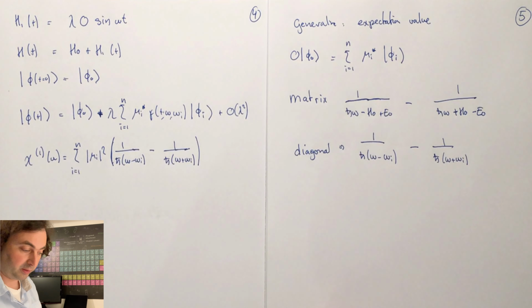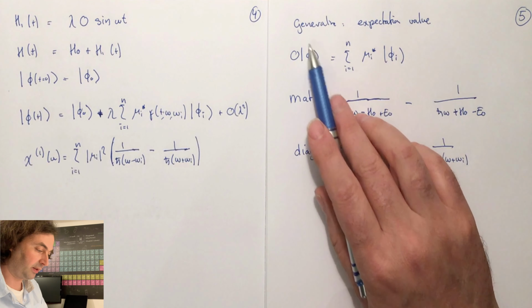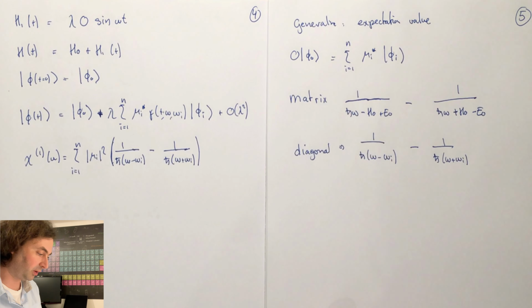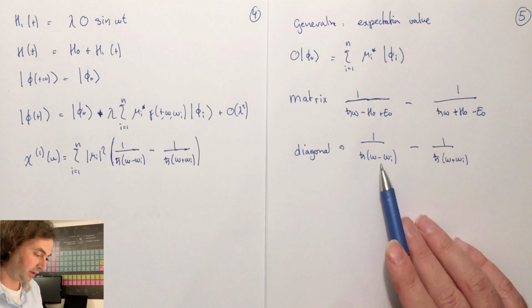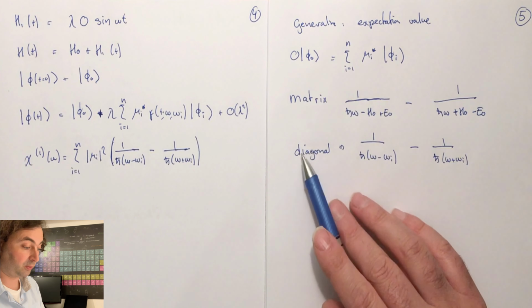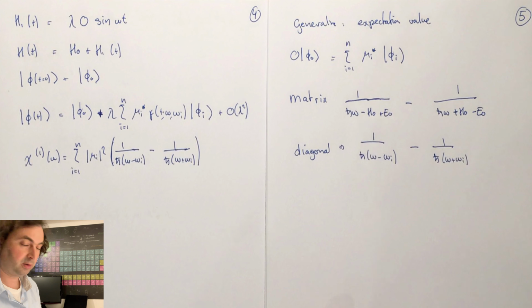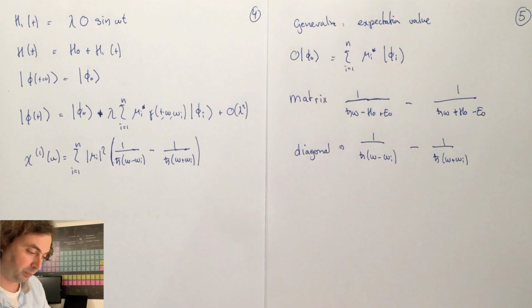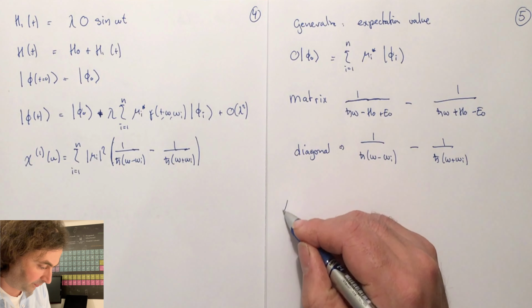Now with this we can build a susceptibility. If I take as bra and ket O psi0, and I take then the expectation value with respect to O psi0 of 1 over omega minus H plus E0, then we come back at exactly this expression.